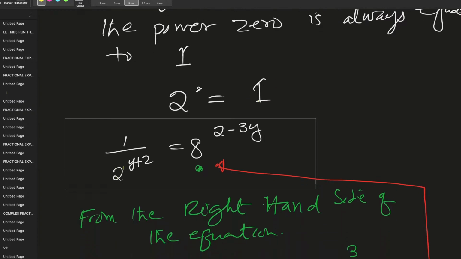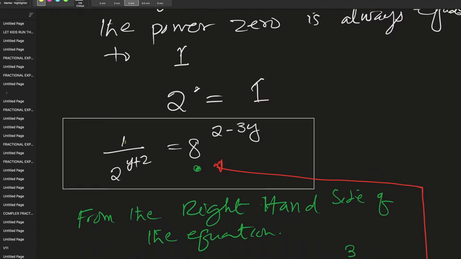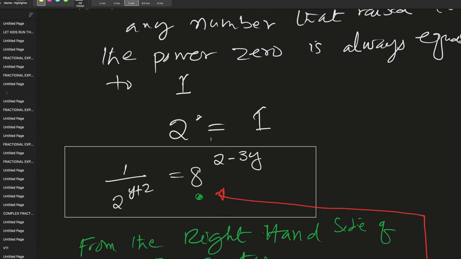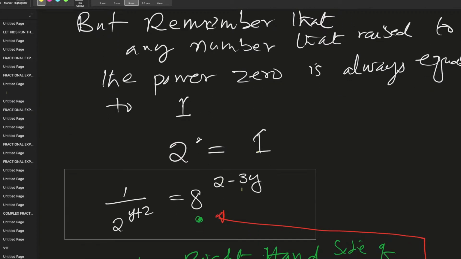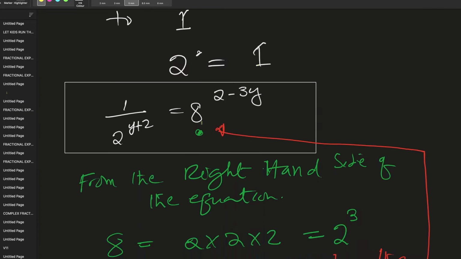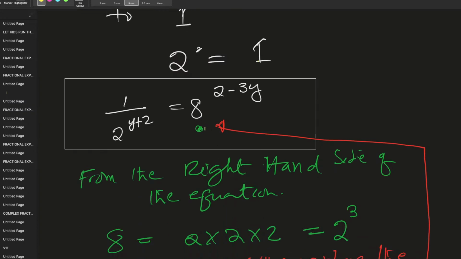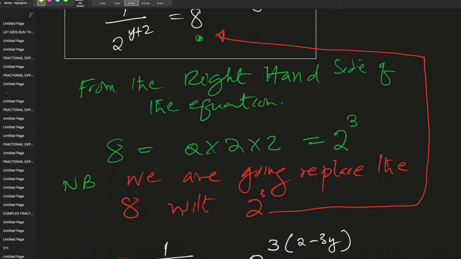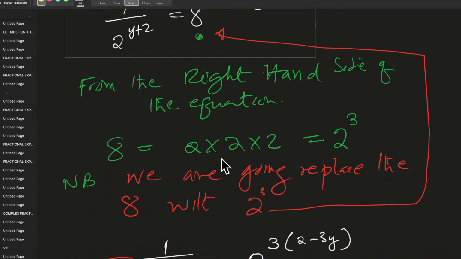So we had 1 over 2 raised to the power y plus 2, and we didn't do anything to 8 raised to the power 2 minus 3y, which was already there. Friends, we spotted something over here. We realized that we have 8 over here. So from the right-hand side of the equation, we can break 8 into 2 times 2 times 2, which is equal to 2 raised to the power 3. So we are replacing the 8 with 2 raised to the power 3.